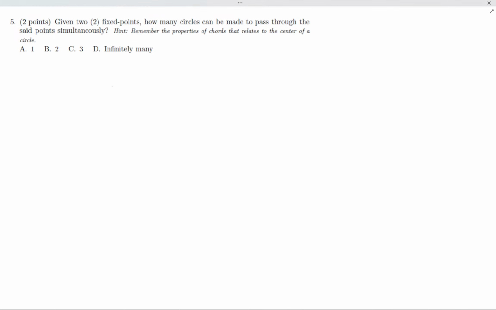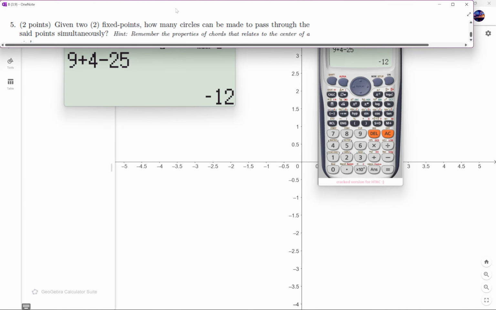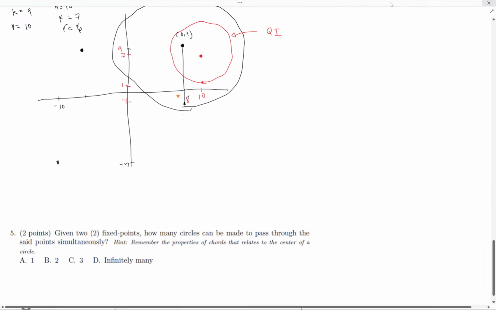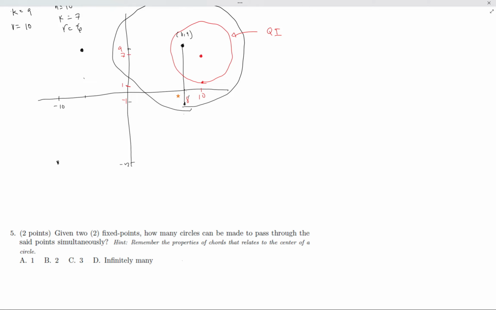Given 2 fixed points, how many circles can be made to pass through the said points simultaneously? Given 2 fixed points, it could be any random points in the Cartesian plane. So in this case, let's make 2 random points within the Cartesian plane.